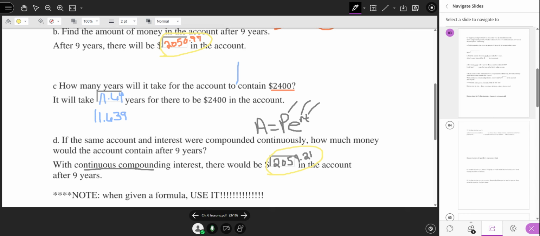These two will always be right about between $3 and $11 in difference. If you're more than $15 difference, then you have probably done it wrong.